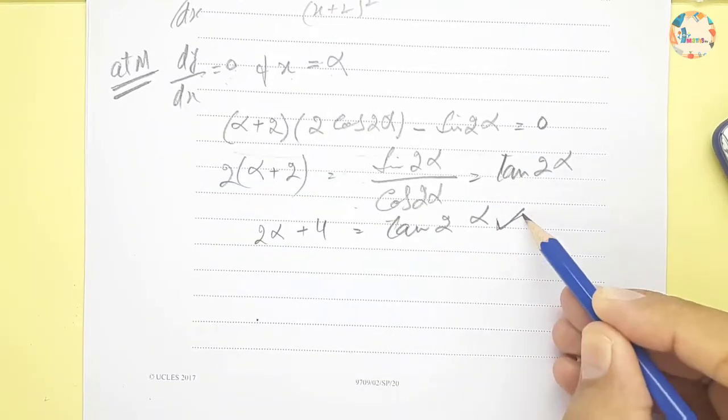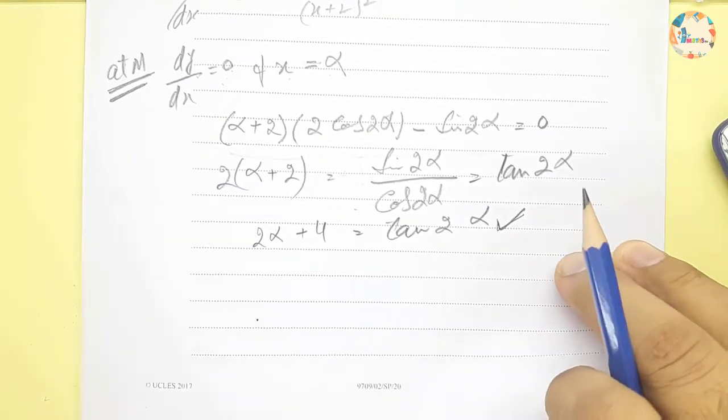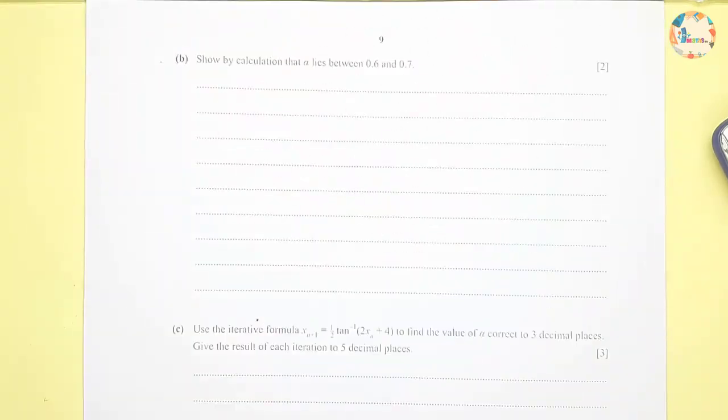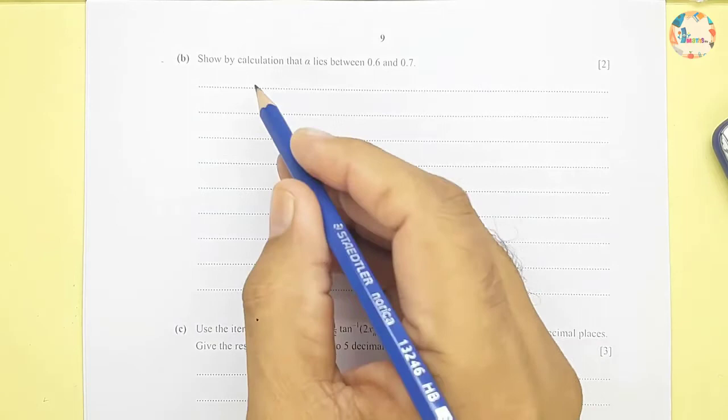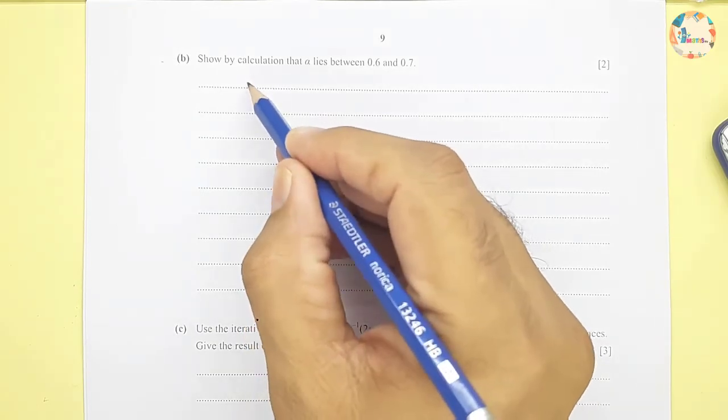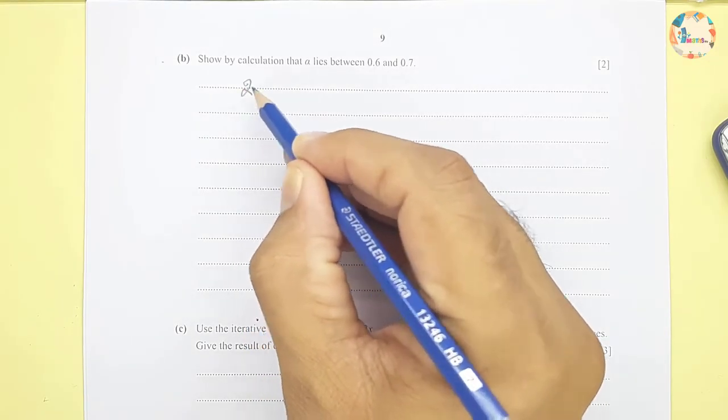Hopefully you understood this question. Let us move to the next part, B. Show by calculation that alpha lies between 0.6 and 0.7. So the same answer which we got in part A, we can start from there.